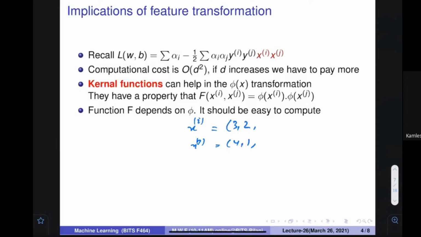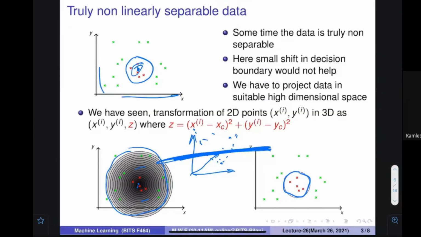If you find their similarity, focus on this, it is going to take some time and give you their dot product. A few minutes back we saw that finding the similarity with these own values is not going to give the right kind of similarity. If you can transform the data into three-dimensional space, then you can find a better similarity.